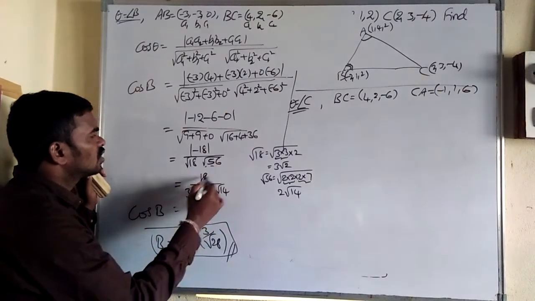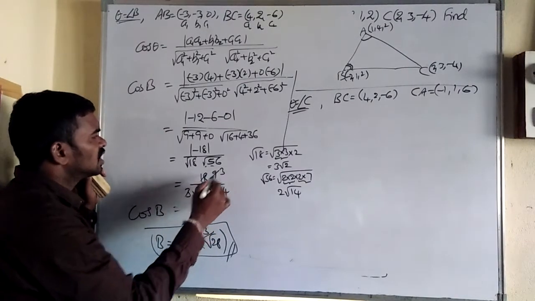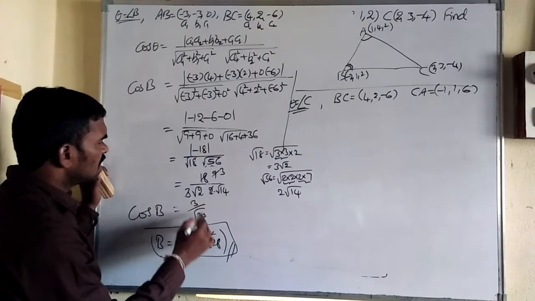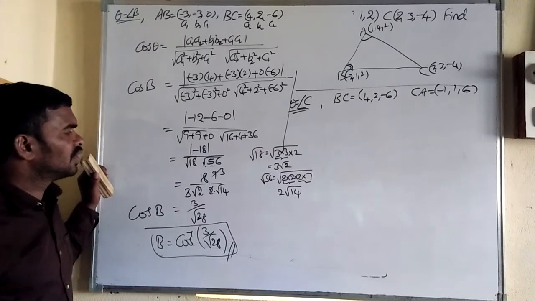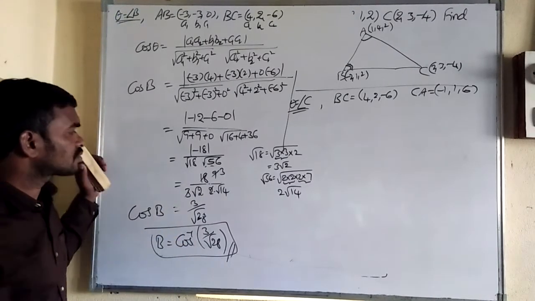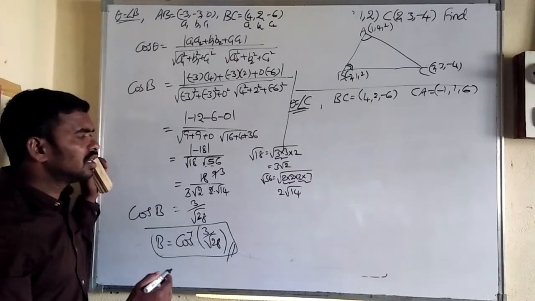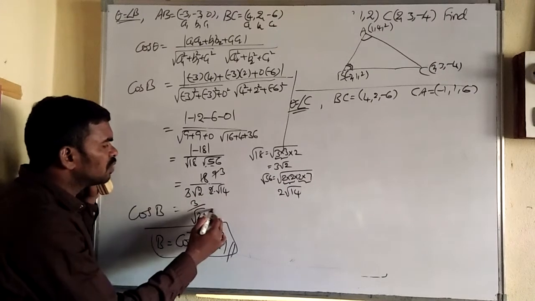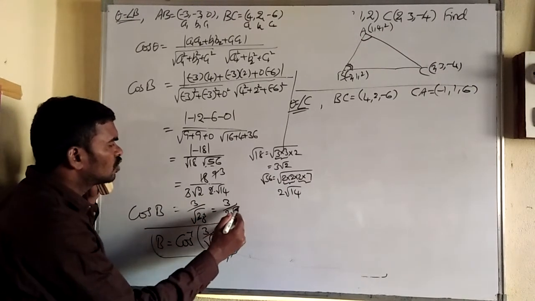So now 3 by 2 root 14. Finally we get 3 by root 28, root 2 into root 14. Of course, we can also simplify: root 14 means 2 into 7, root 2 into root 7. So root 2 into root 2 cancels, and this can be written as 3 by 2 root 7.